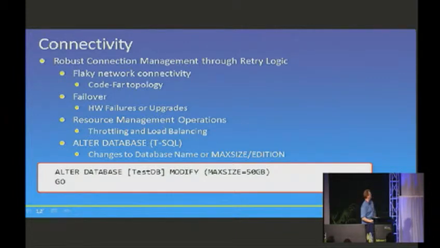The other thing is throttling and load balancing. We'll go into details on this in the session later this afternoon, but since it is a multi-tenant system and your databases are living on machines with other people's databases, if we see one machine start to get hot and come under a lot of load, we'll automatically kick in load balancing, where it'll take those workloads and move them onto less busy machines and spread that load across all the different machines in the cluster.